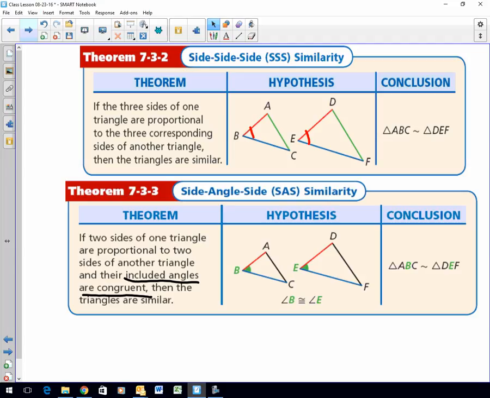In this scenario, the angle between AB and CB. What is that angle? The angle that is created by AB and CB. What is that angle?